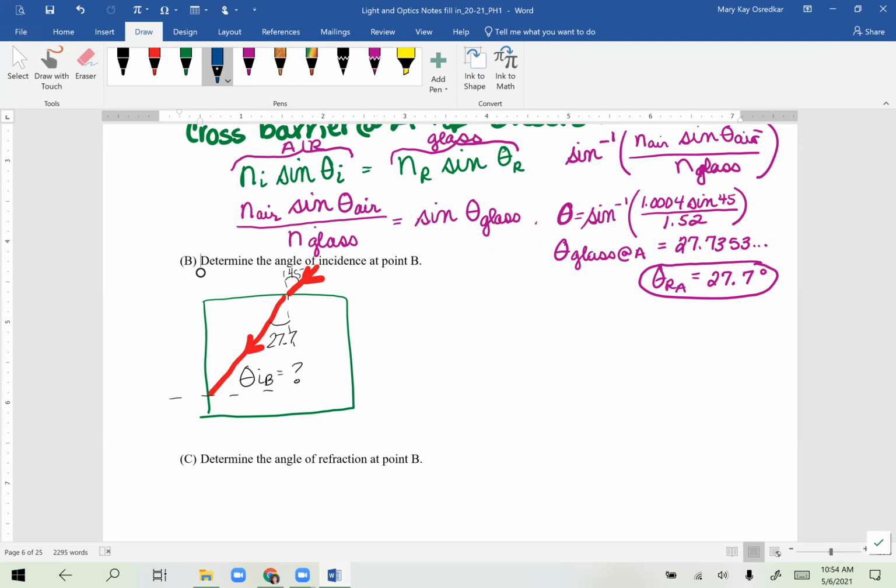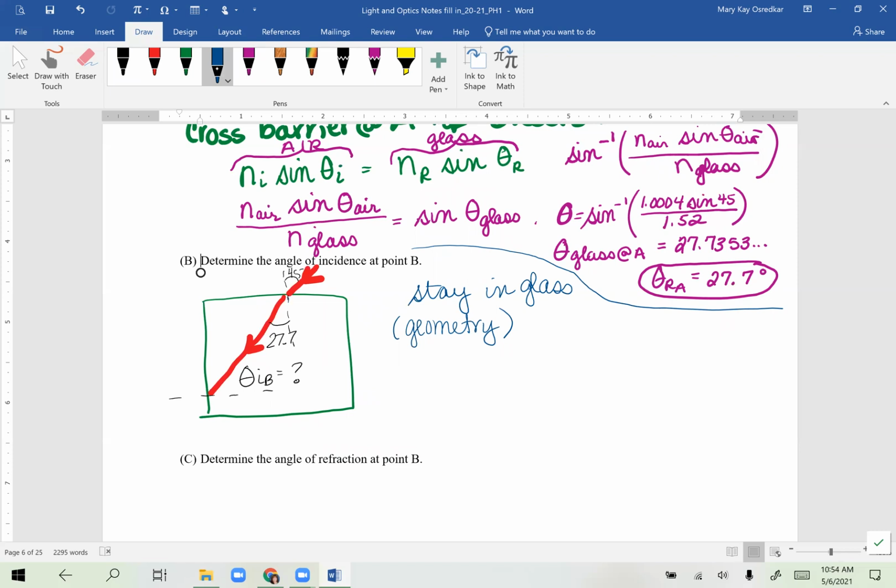No, we stay in the glass, right? So what do we have to do if we're staying inside the glass? Do we use Snell's law? No. We need to use geometry.